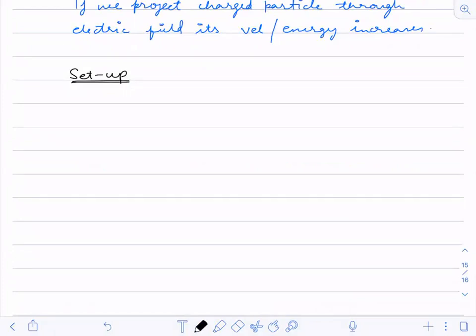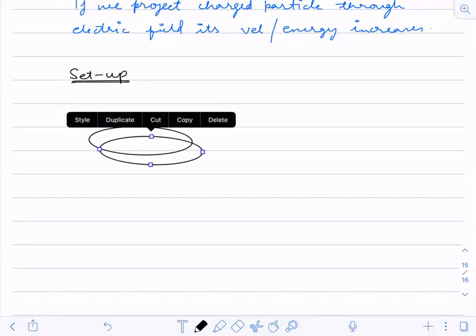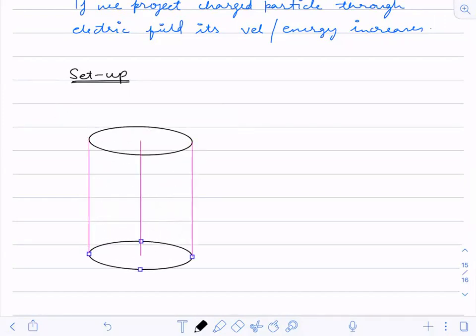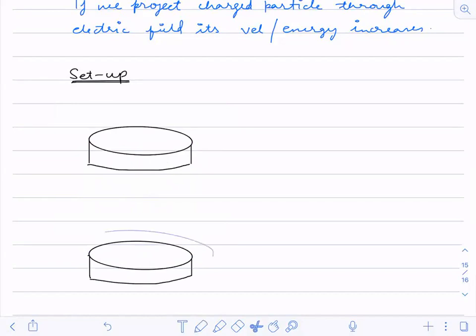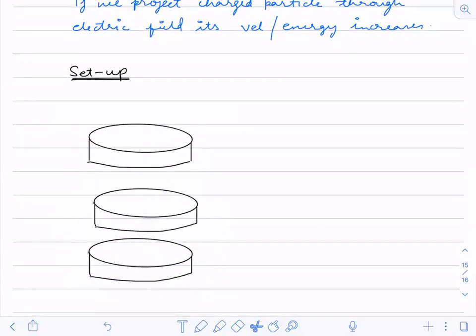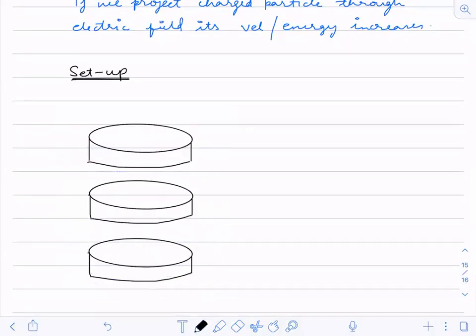So first, you have a magnet, like this. These are the two magnets. One is the south pole and one is the north pole. Suppose this is the north pole and this is the south pole.